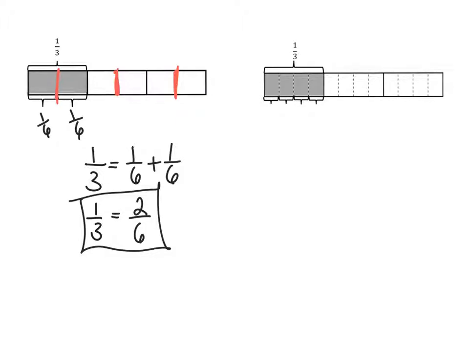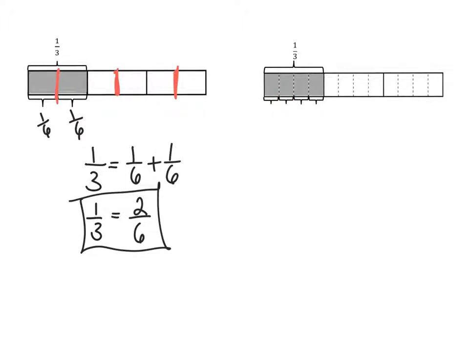But we can do the same thing for over here now. All right, so how many do we cut in? We cut 1, 2, 3 sections in each one of these thirds. So we've got 1, 2, 3, 4, 5, 6, 7, 8, 9, 10, 11, 12.